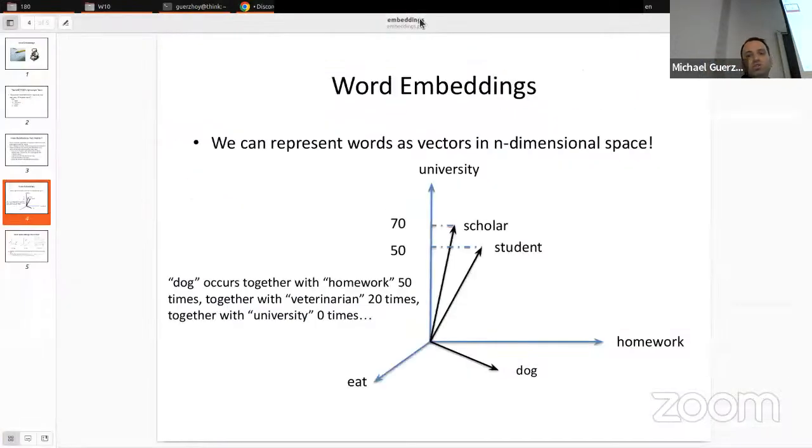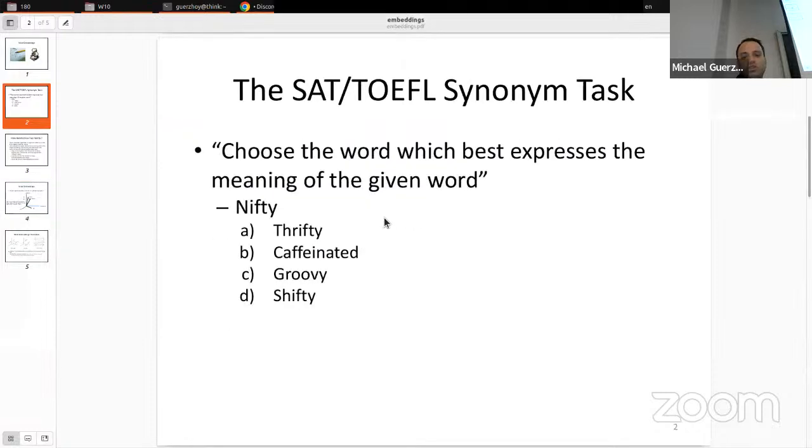So when we're writing the assignment, we have a vector for nifty, and we want the vector that's closest. By default, you're going to use the cosine of the angle: which vector has the smallest angle with the vector for nifty.